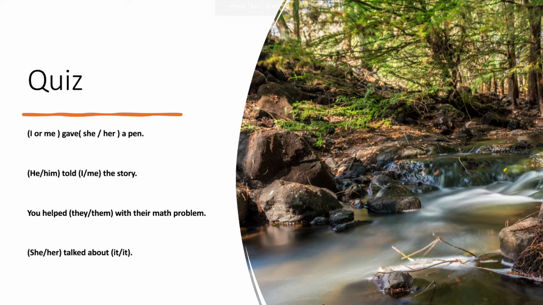He or she told I or me the story. You helped they or them with their math problem. She or her talked about it. So let's choose the correct pronoun to finish the sentences.